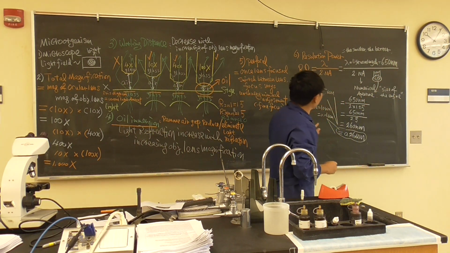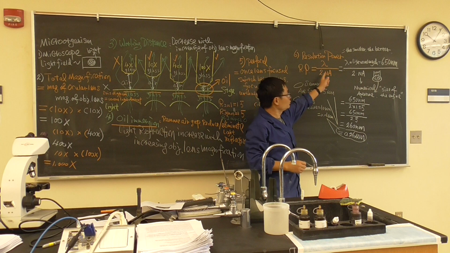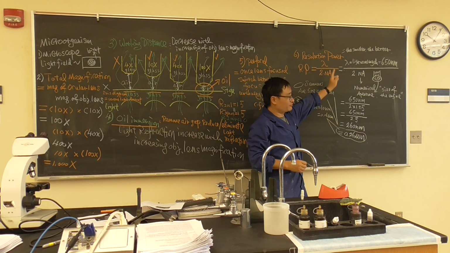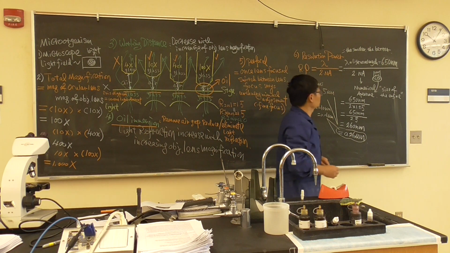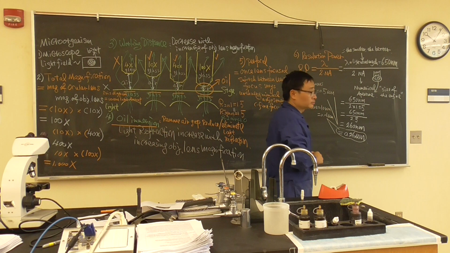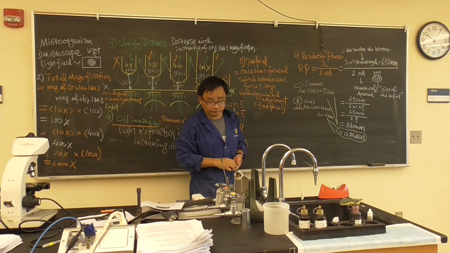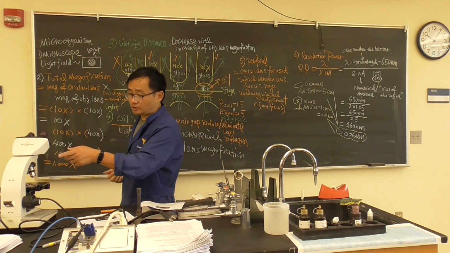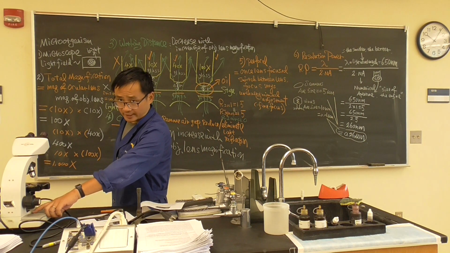And regarding the formula here, since 2 and the numerical aperture are fixed, the wavelength has to be the smaller the better. Is that clear? The smaller the better. So when you turn it on, this has to go all the way to the back.